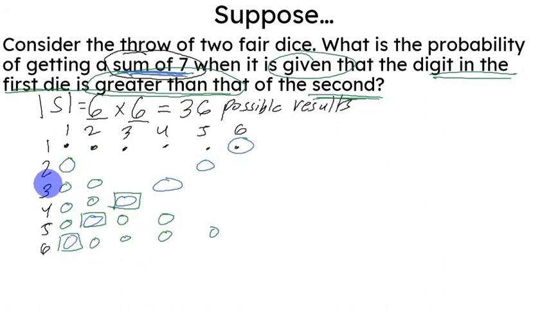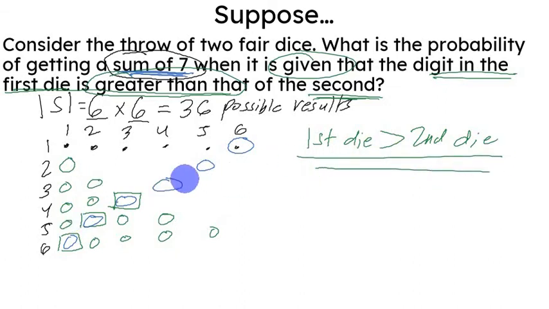So we can see in our illustration that given that the green already happened, which is that the digit in the first die is greater than the digit in the second die, we actually have 3 outcomes that would fit that sum of 7. Let's take a look at that, using a different color.